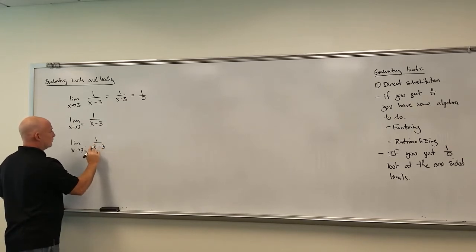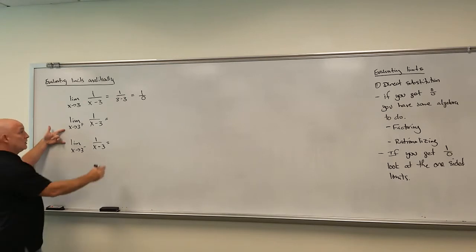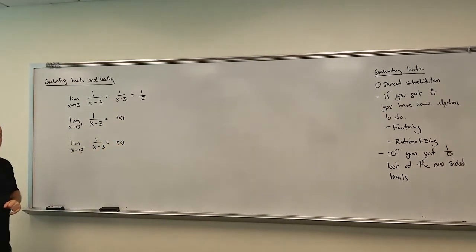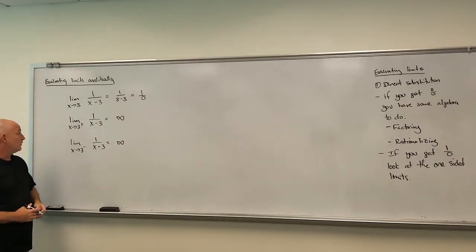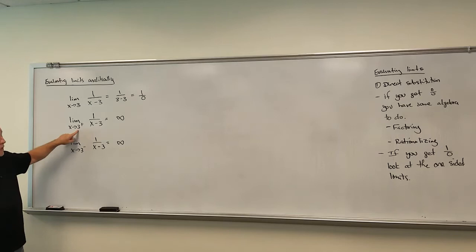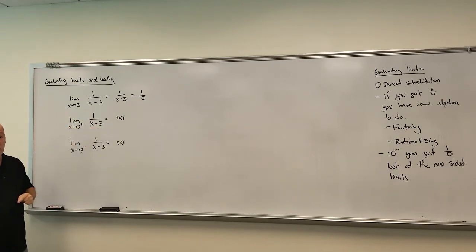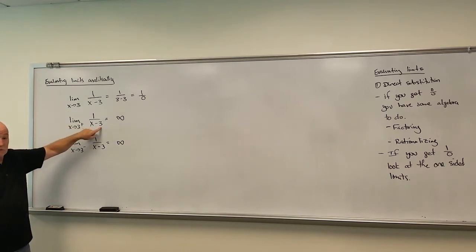Now, here's the good news. As soon as you set this up, as soon as you break this into both one-sided limits, you actually already know the answer over here is an infinity. So you can go ahead and write that. We just need to know, is it positive infinity or negative infinity? So let's think about this. Here we're approaching 3 from values bigger than 3. So if I have 1 over something bigger than 3 minus 3, is that going to be positive or negative? Well, the top's positive. Bigger than 3 minus 3 is positive.